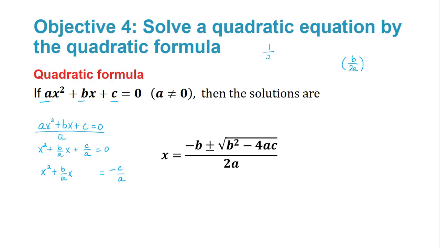Really, half means to multiply by 1/2. So half of b over a is b over 2a. And then when we square it, we get b squared over 4a squared. And we would add that expression to each side.